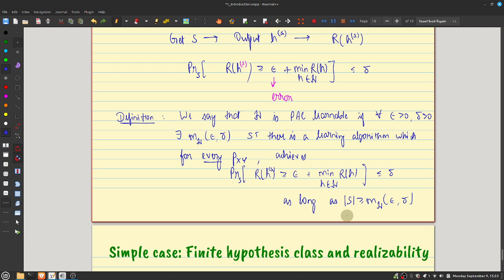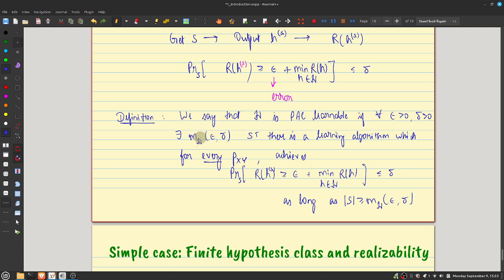There are some slightly different definitions depending on the reference that you use. Some of them, in addition, also demand that this particular m subscript H is not just any arbitrary integer.